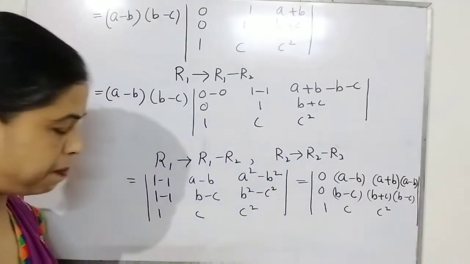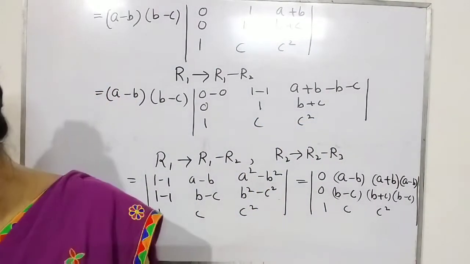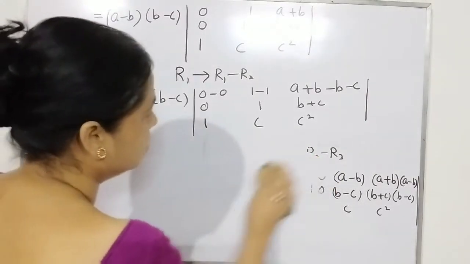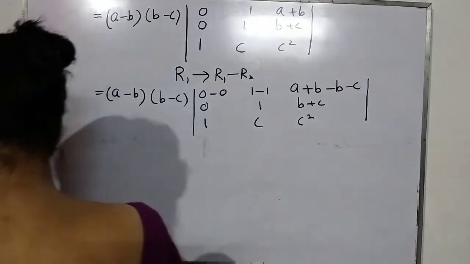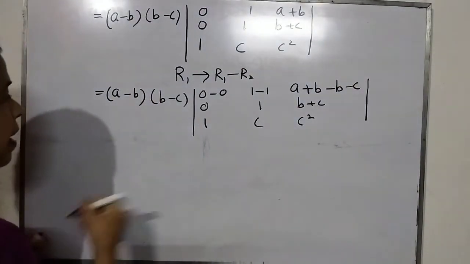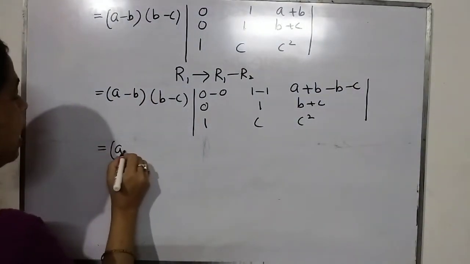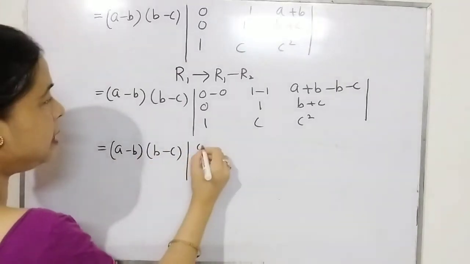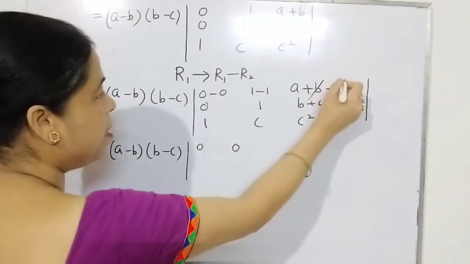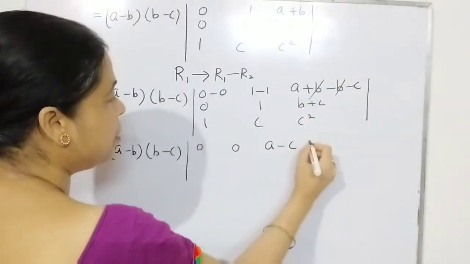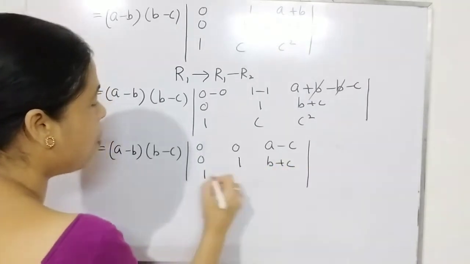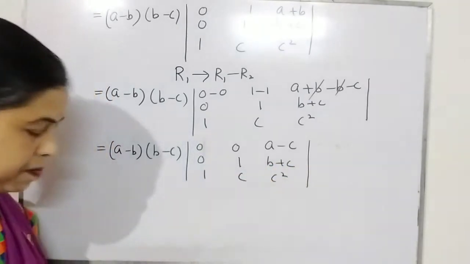The result will not simplify, so I am just keeping it as it is. Now again simplify, which will be equal to A minus B, B minus C. This is 0, 0, this B and B will be cancelled out. A minus C will be left. This is 0, 1, B plus C, 1, C, C square.